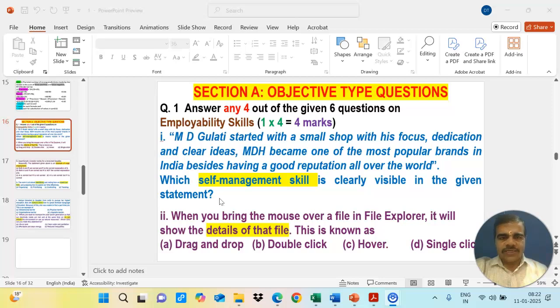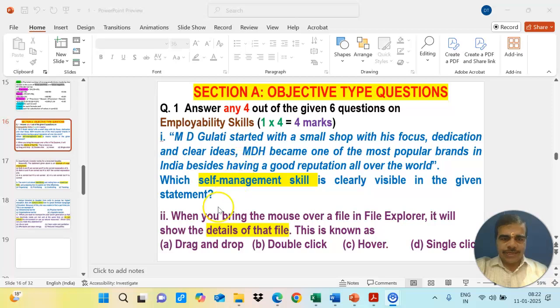Here, if you are saying that M.D. Gulati started with a small shop with his focus, dedication and clear ideas, this means that he is having self motivation. So in your self-management skill, self motivation is the skill that is highlighted here.